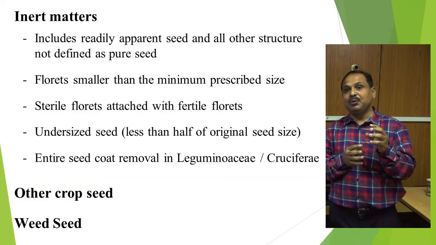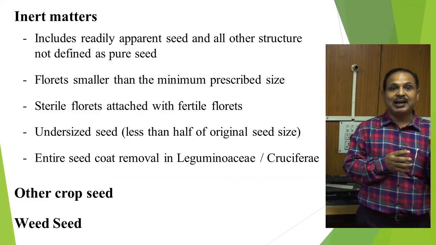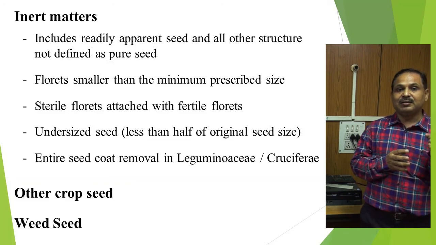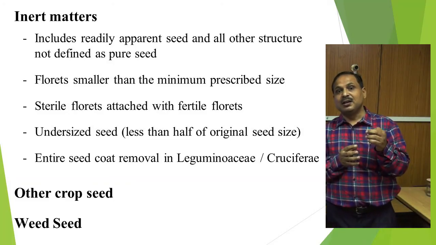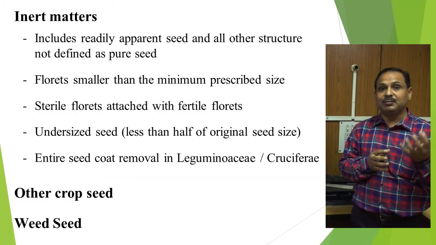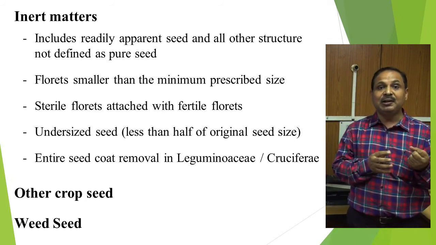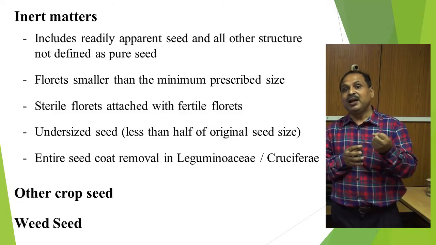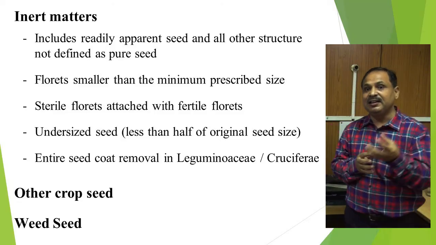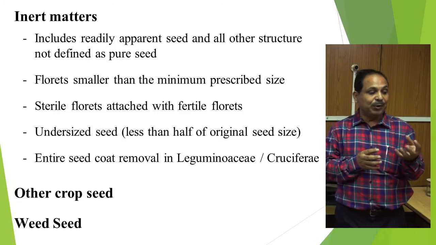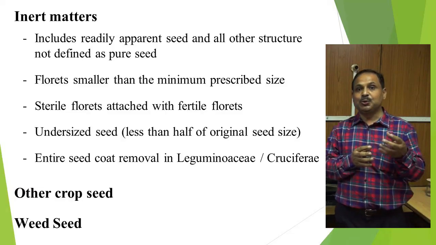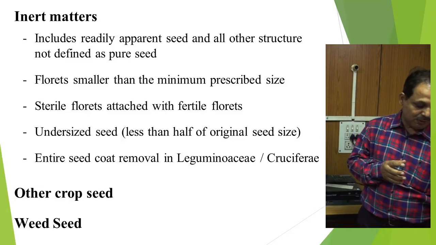For example, earlier Lantana camara was introduced from another part of the world as an ornamental plant, but later on it was legally approved as a weed seed. So a weed seed must be legally designated.